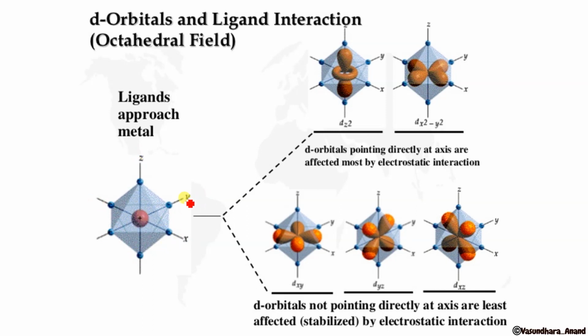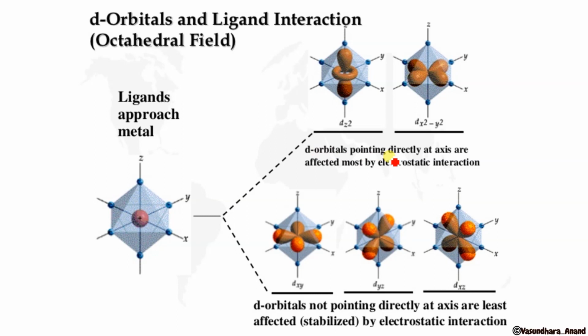So this is x, this is y, this is z. Okay, so in this case when it splits, the two which have lobes on the axis will go up, their energy will be increased, and the orbitals in which the lobes are in between the axes will have less energy than the original one, and they will come down.